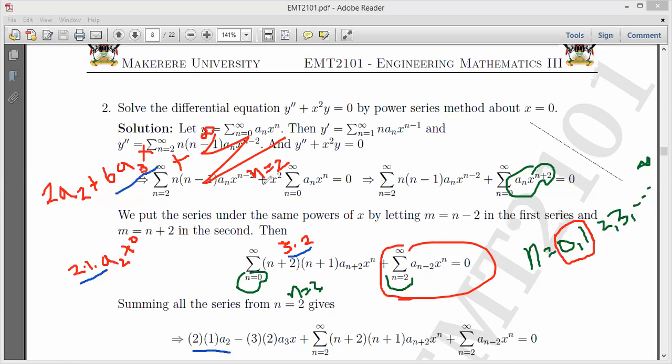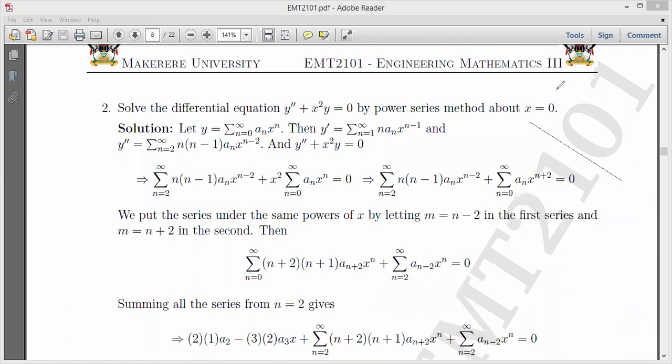Then I told you plus n is equal to 2 to infinity, which is this one. That is this new sum now, plus the old one. This one here is that one there. Okay, so if we get that, now we can continue.